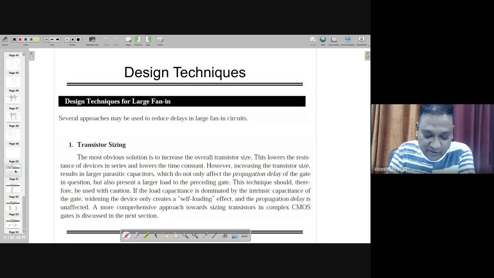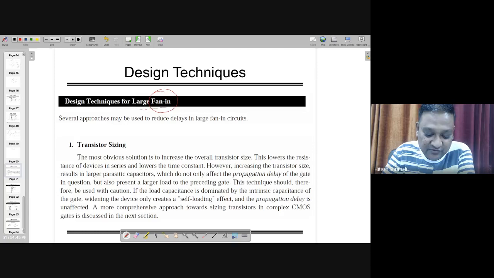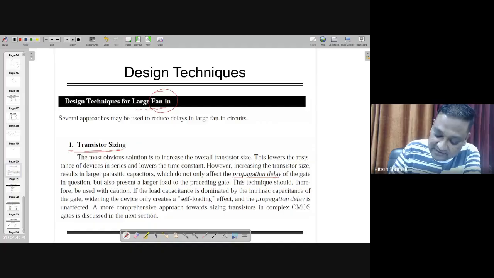Now, concluding the first topic of combinational logic, how to design combinational logic, the design techniques to achieve large fan-in are as follows. For large fan-in, you have to have a bigger transistor size so that propagation delay is reduced.